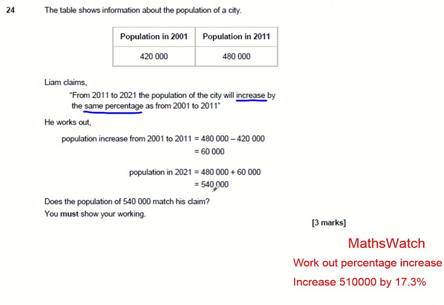Now, percentage increase is where we're taking the increase. So the increase from 2001 to 2011 is 60,000. And we're finding out what percentage of 420,000 is 60,000. The way you do that is we do a division. So we take the 60,000 and we divide it by the 420,000.